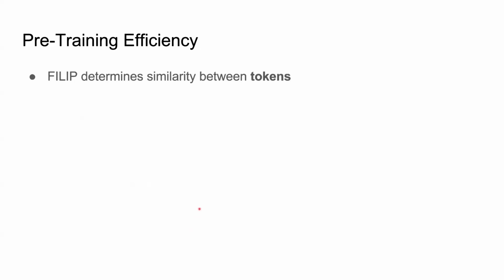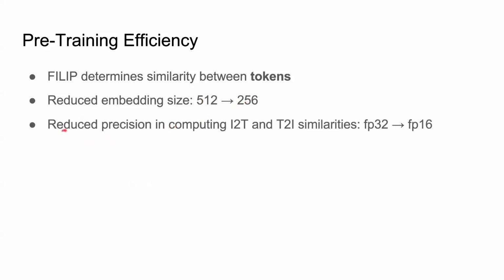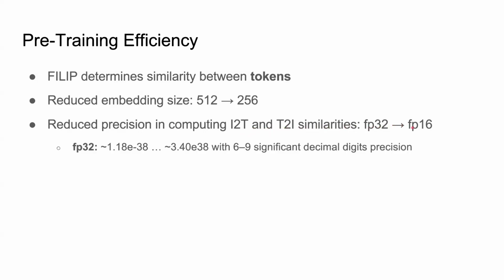So they want to make it efficient. Why? Because FILIP, unlike CLIP, determines similarity between the tokens, not just the images and the text wholes. So they reduced the embedding size from 512, which is in CLIP, to 256. They reduced the precision in computing the image-to-text and text-to-image similarities and their losses from 32-bit floating point to 16-bit floating point.